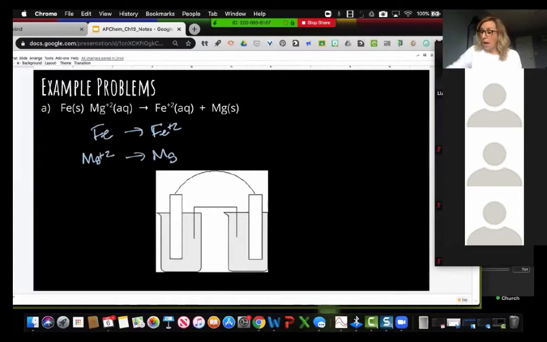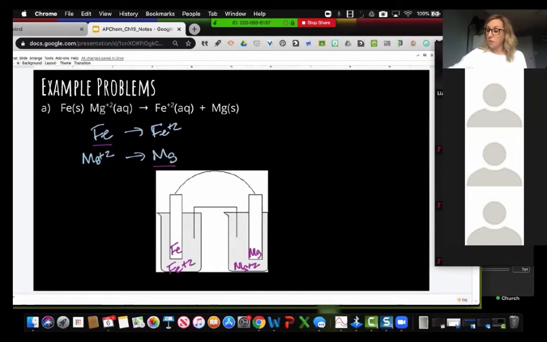If we were going to label this little chart here, the solid metals would be your electrodes, and the ions would be what's in solution. That's what that little setup would look like.